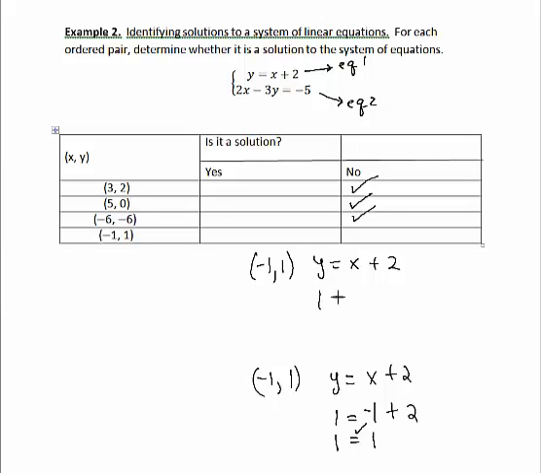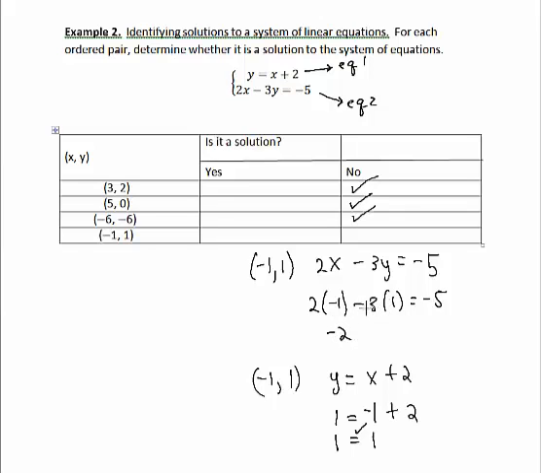Okay, y is 1. Oh, I wrote the same equation down. We want to check the other one. 2x minus 3y equals negative 5. We plug in negative 1 for x. Y is a 1. 2 times negative 1 is a negative 2.